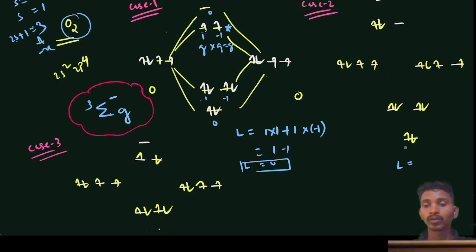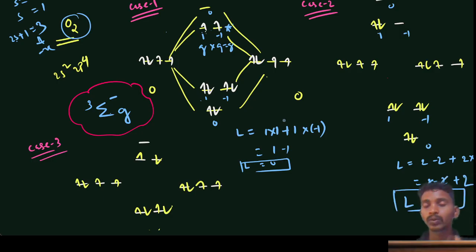So this is 2 into 0, this will be 1, this is minus 1, so 0 because 0 into 2 is 0, and this is 2, then this is minus 2. Okay, and this is 1, this is minus 1, this is 0. So this is 2 minus 2 plus 2, this cancels, so L is equal to 2.